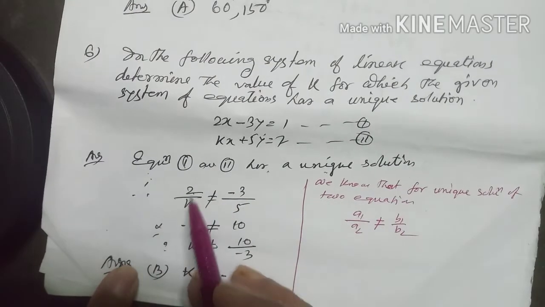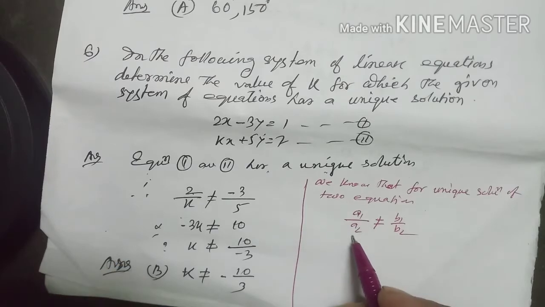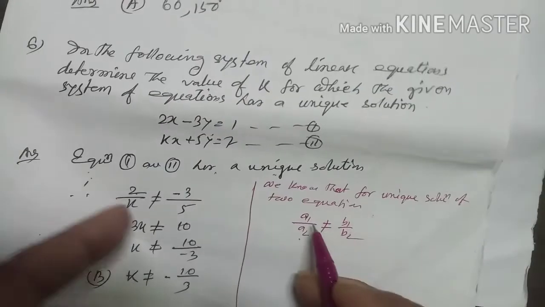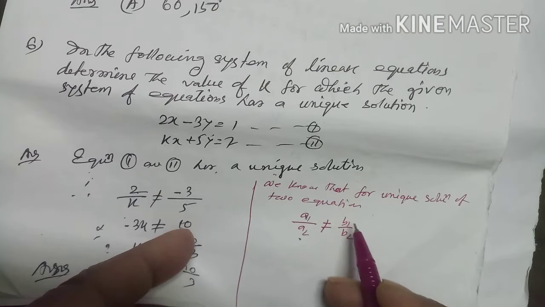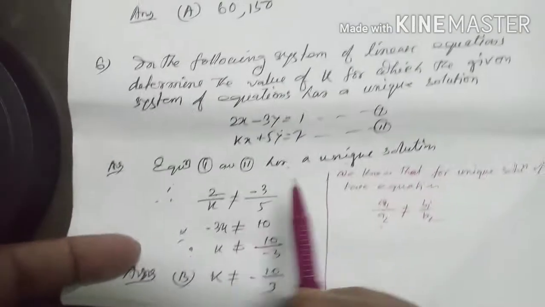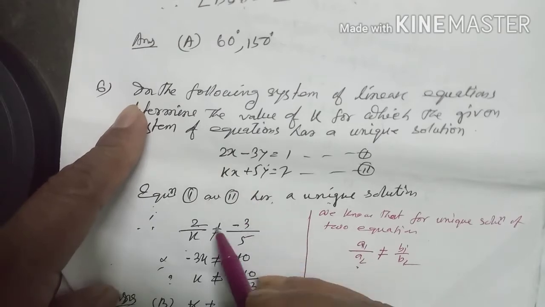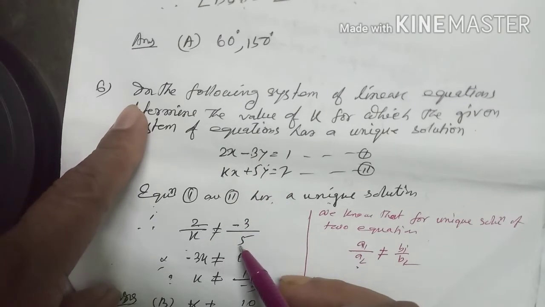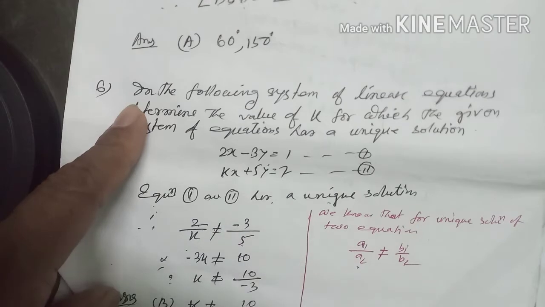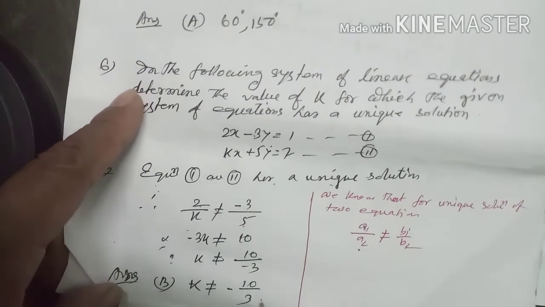Therefore, for a unique solution, A1 by A2 not equal to B1 by B2. That means A1 equal to 2, A2 equal to k, not equal to B1 minus 3, B2 5. After solving this one, we have this.